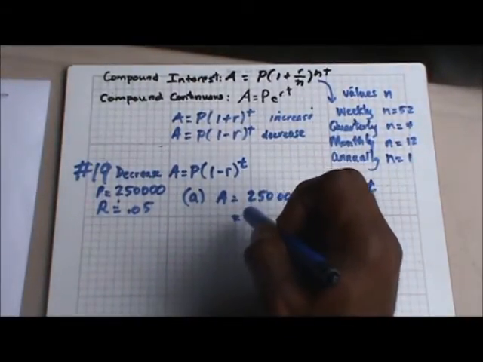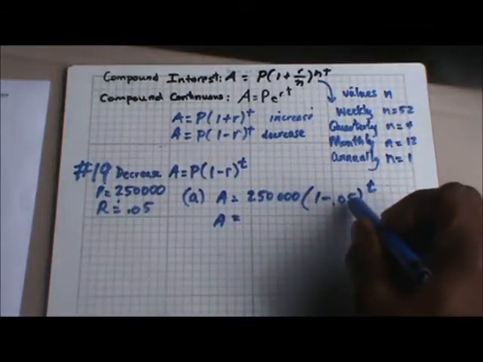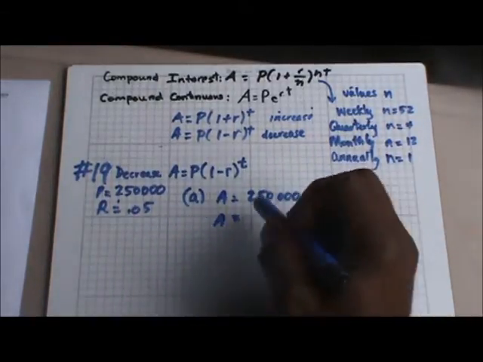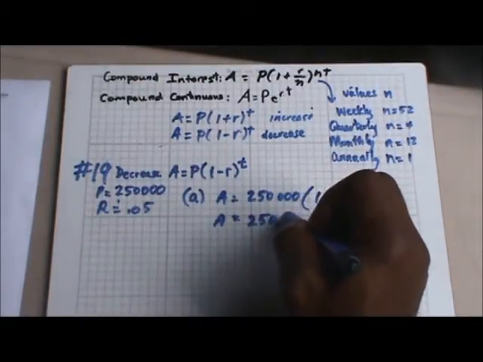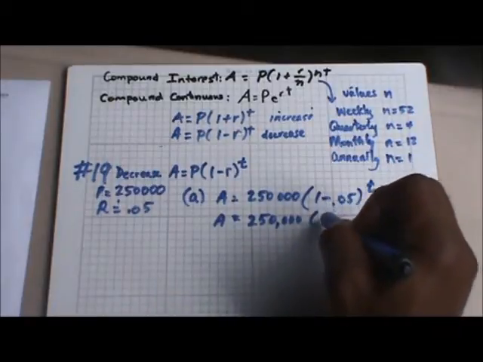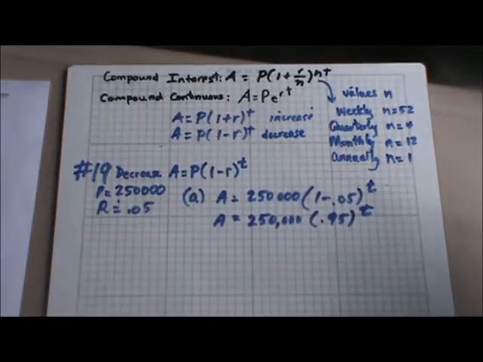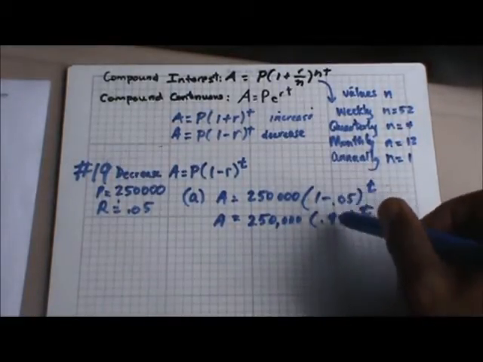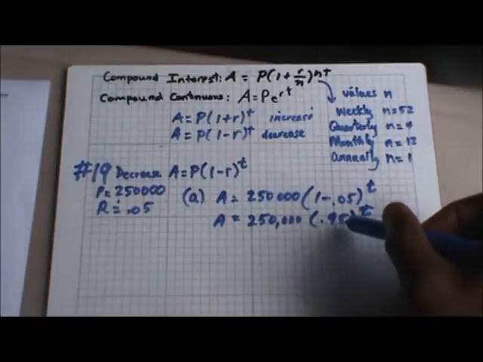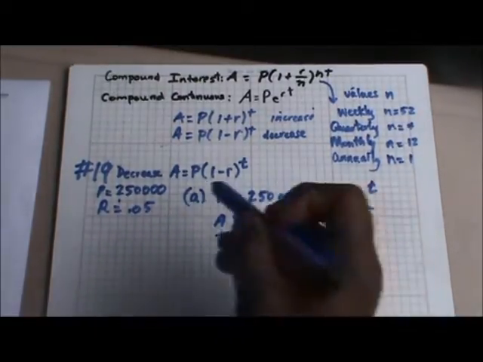If there's a 5% decrease, how much is remaining? Think of it as a dollar: if I take 5 cents out of a dollar, I'll have 95 cents left. It's the same thing here. If there's a 5% decrease every year, I will have 95% remaining, so that would be the best equation.